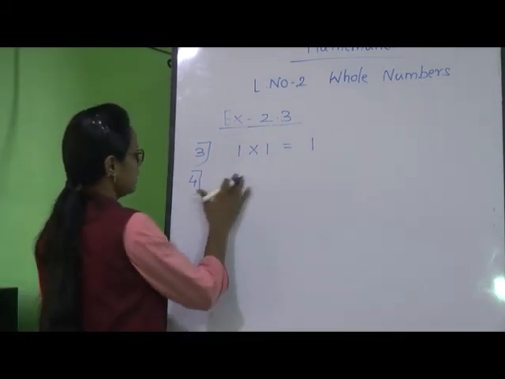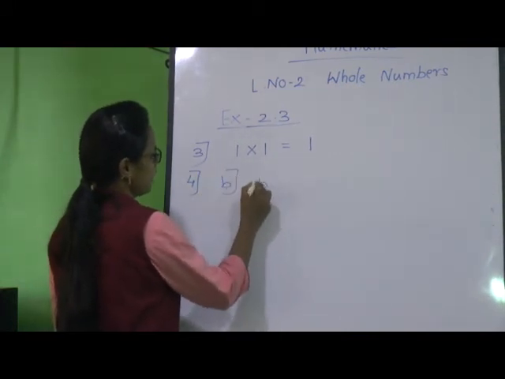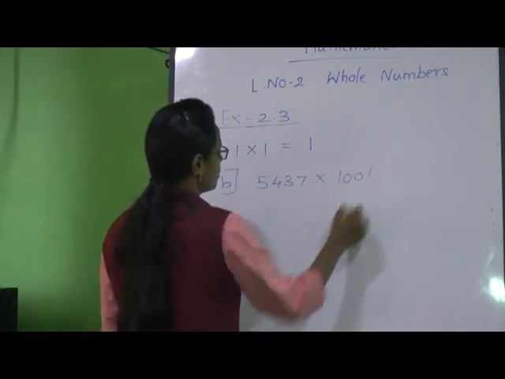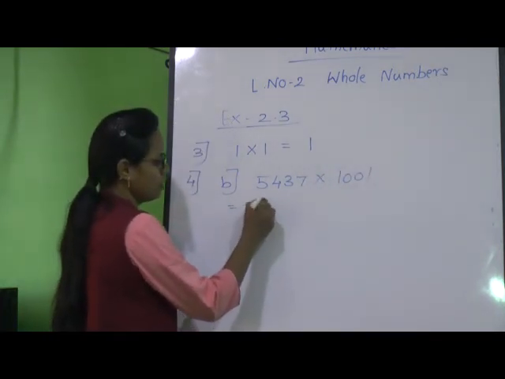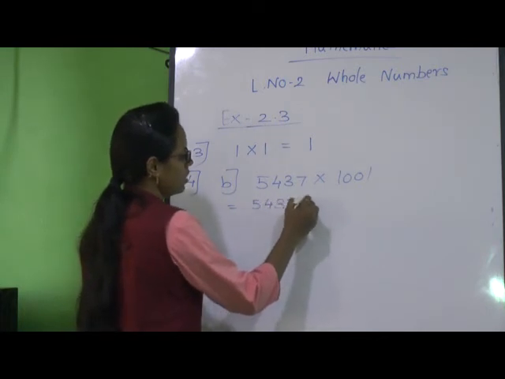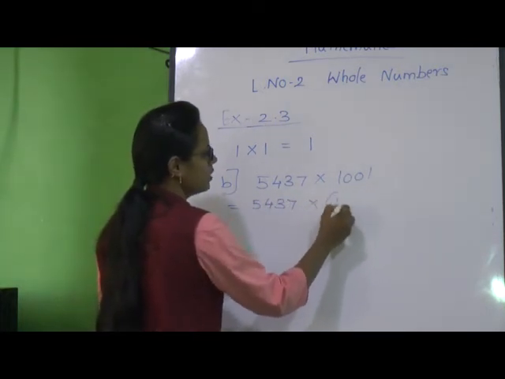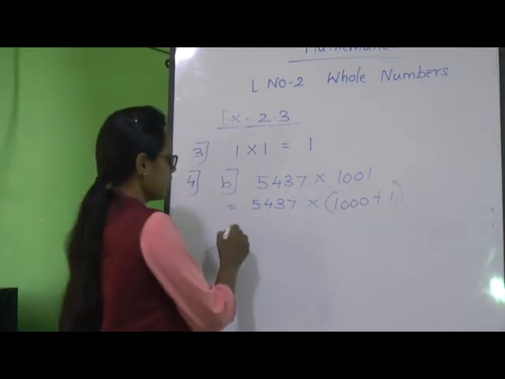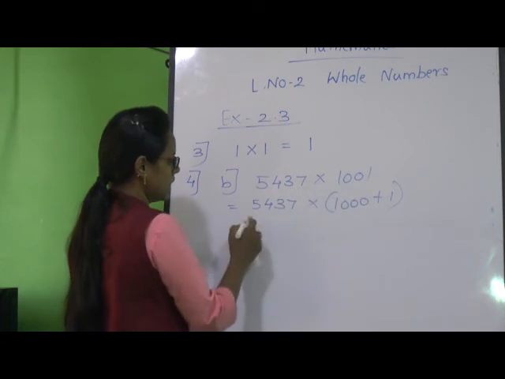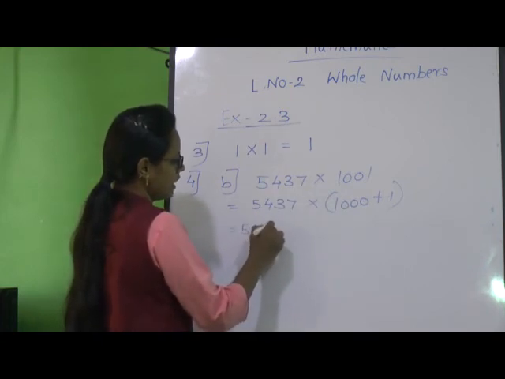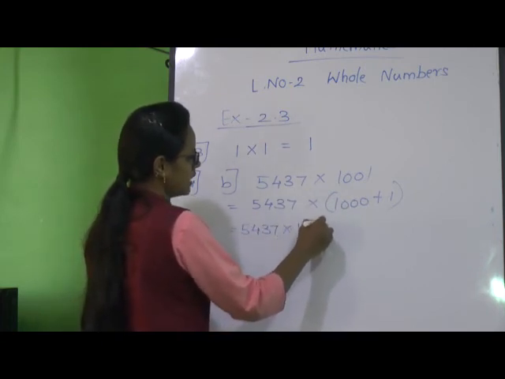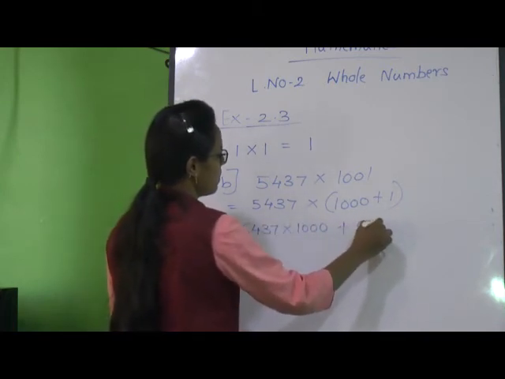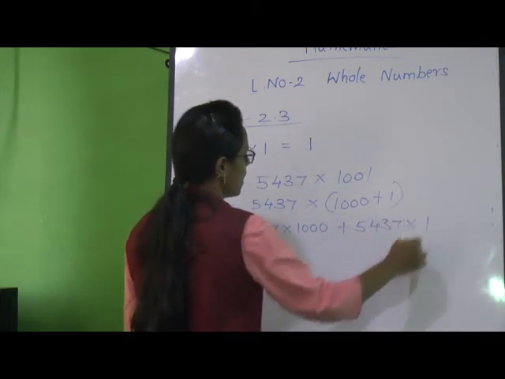Let us solve one more example from question number 4, part 5, B1: 5,437 multiplied by 1001. Now we have to distribute this 1001 as 1000 plus 1. So 5,437 will be multiplied by 1000 plus 5,437 will be multiplied by 1.